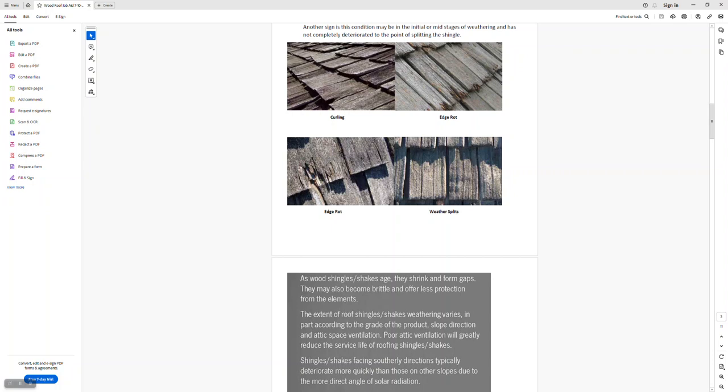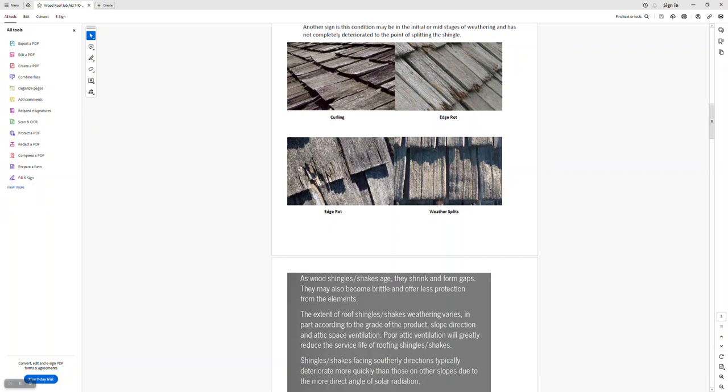Sometimes it's almost imperceptible, a very tiny, thin, defined split. It's not going to have any large openings in it. Weather splits mean that split has been caused over time by weathering, not by hail impacts. We don't pay for this, but you're going to see it, very common.